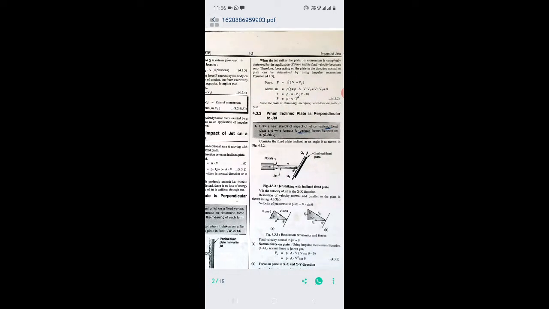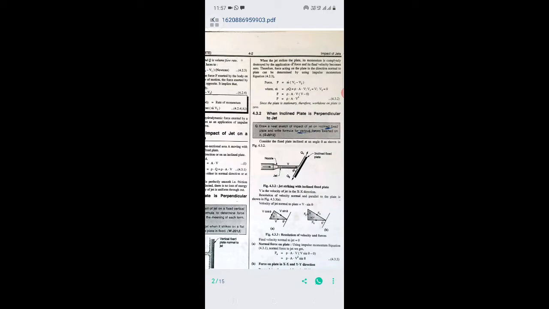When the jet strikes the plate, its momentum is completely destroyed, and that gives the force. The force acting on the plate in the direction normal to the plate can be determined by the impulse momentum equation. Force is equal to mass into V1 minus V2, where V1 is the initial velocity V and V2, the final velocity, is 0 because the plate is stationary.